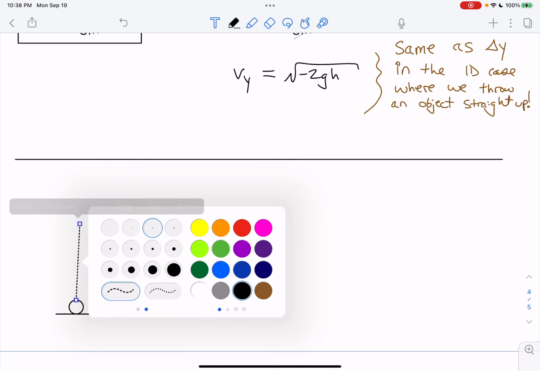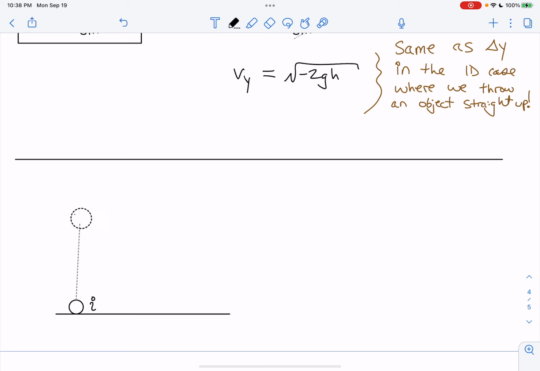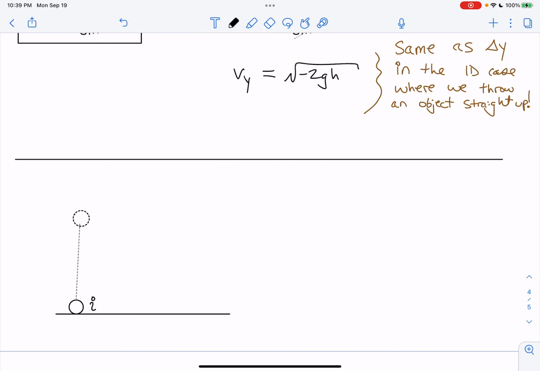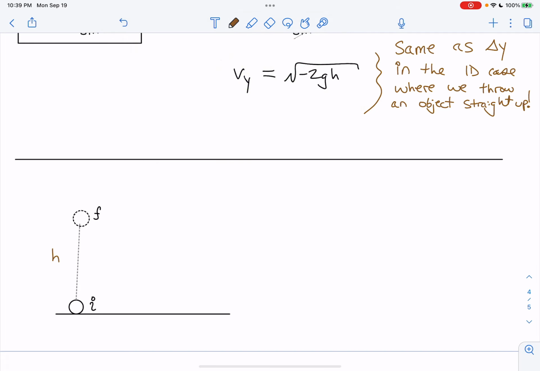Maybe I'll gray that. Okay, and we throw it up to some other height here, and that we're going to call our final position. Okay, so this will be our final. That's just throwing it up in the air, some height.